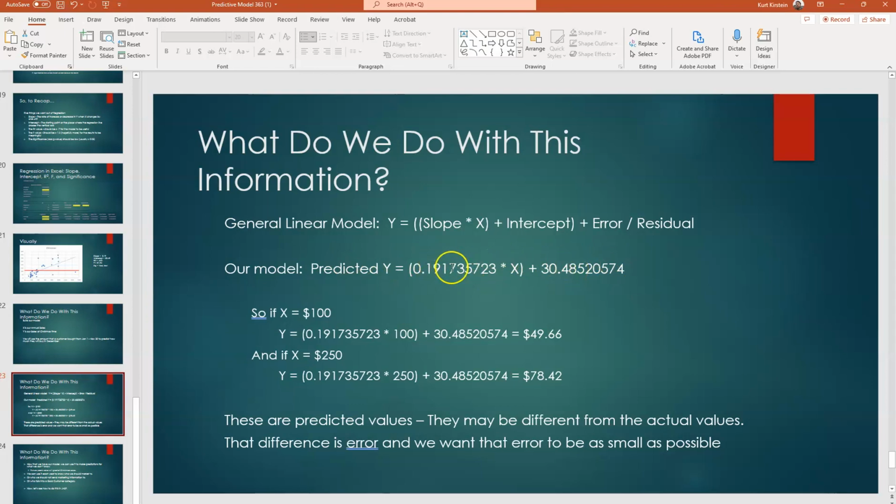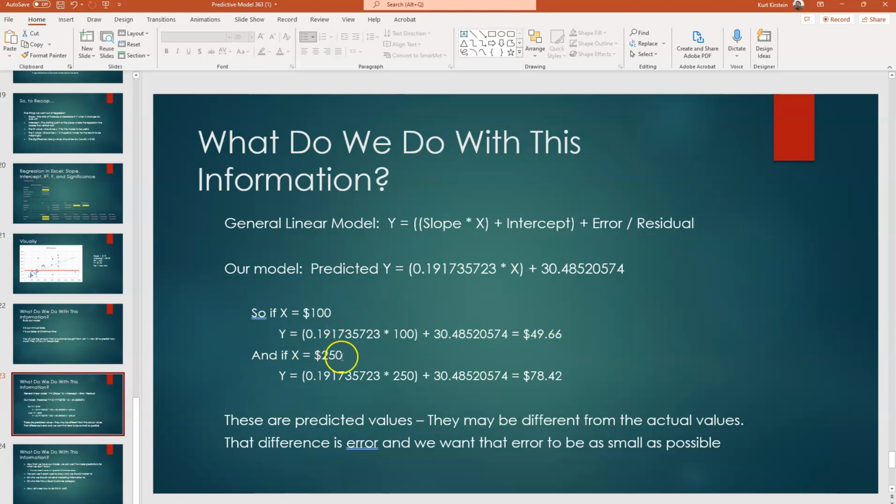These two values are derived by the statistical software. As you saw, we pulled them right out of the results, and we are now able to plug in our x's. If x equals $100, then our predicted Y equals the slope times 100 plus the intercept, or we can expect the customer to spend $49.66 in December.